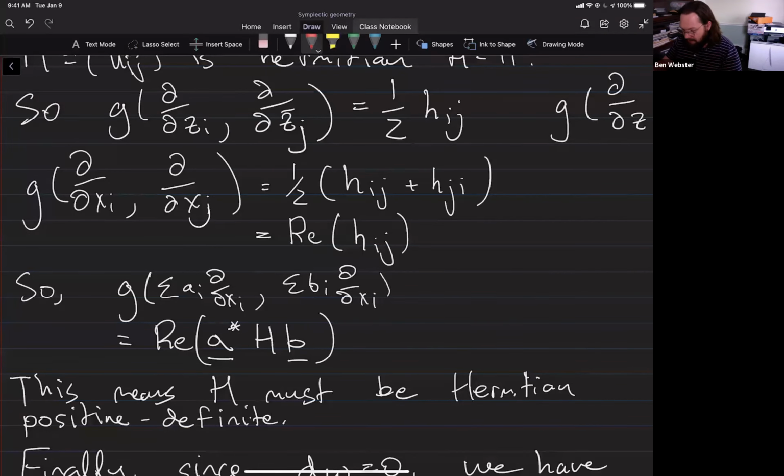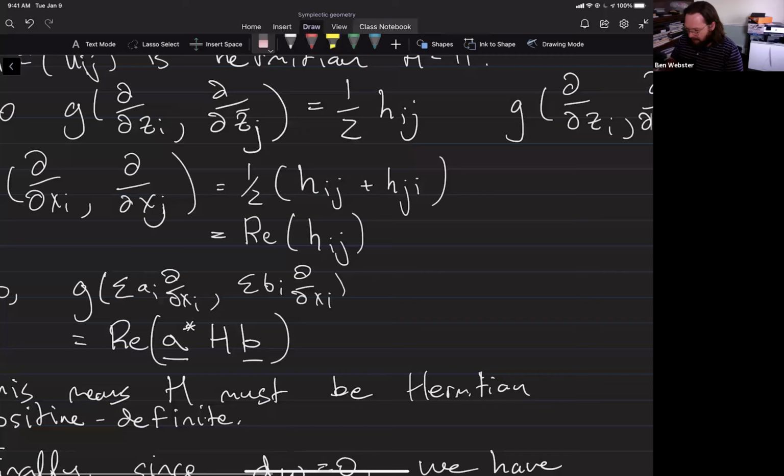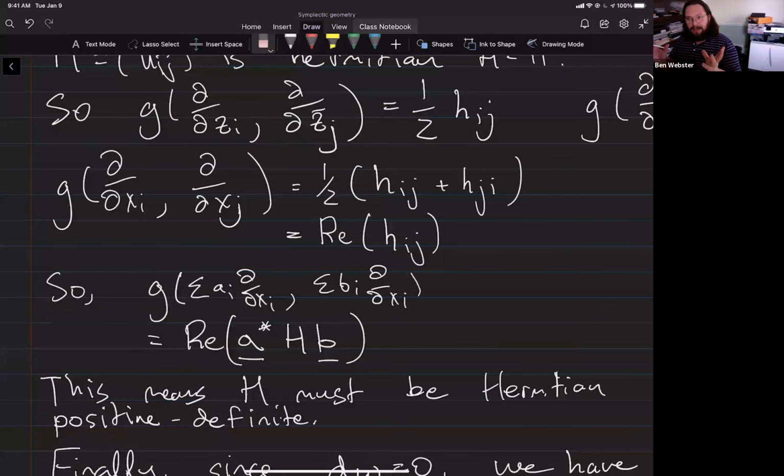But the important thing I'm getting out of this is that I can write my metric, which remember is a real valued symmetric bilinear form that is positive definite, as the real part of the complex dot product with this H in the middle.